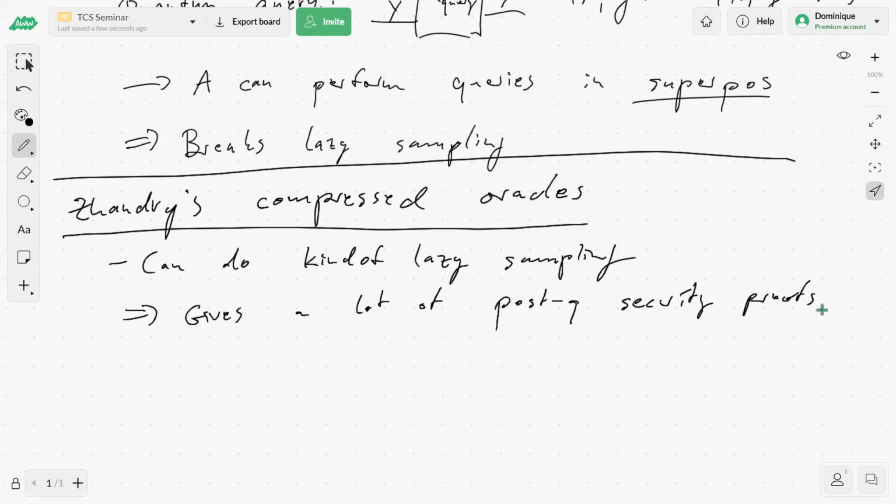One important thing I wanted to mention first: it allows us to do a lot of security proofs that we couldn't do before. Sometimes they are even conceptually similar to what you would do classically when you work with lazy sampling. But there's one limitation. It cannot handle permutations.